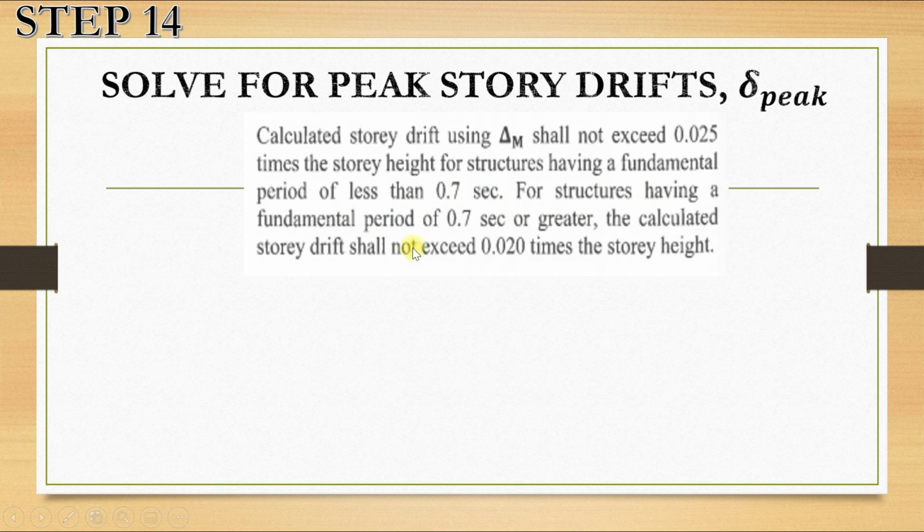For structures having a fundamental period of 0.7 second or greater, the calculated story drift shall not exceed 0.020 times the story height. So ito ay based sa NSCP natin dun sa code.